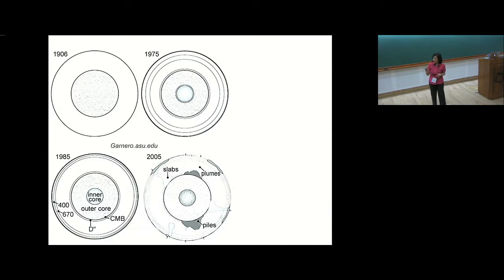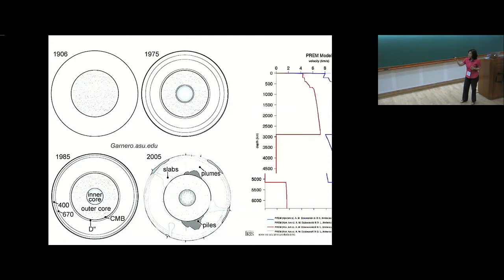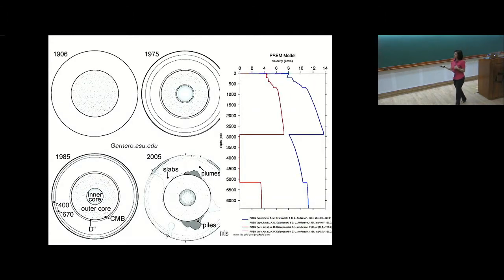So how does the velocity of these waves look as they travel through the Earth? As I said, we can image the interior of the Earth by looking at these waves that are recorded at a seismometer.